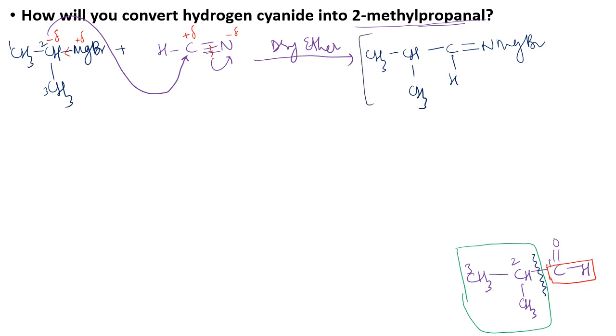This we will put into the square bracket, and on hydrolysis with H2O and HCl, we know that water will attack this addition product and cleave it into two parts at the bond between carbon and nitrogen, the C=N double bond, and what you will have is the formation of an aldehyde functionality plus ammonia and MgBrOH.